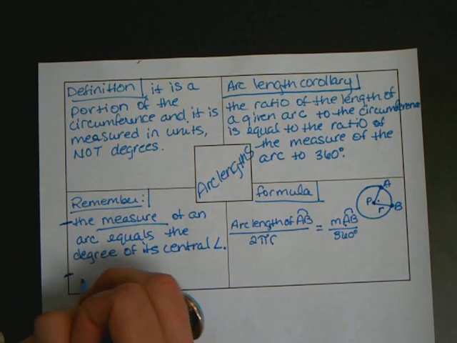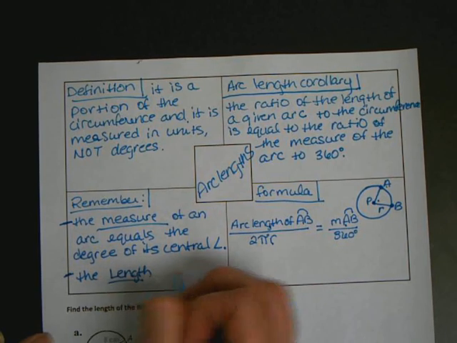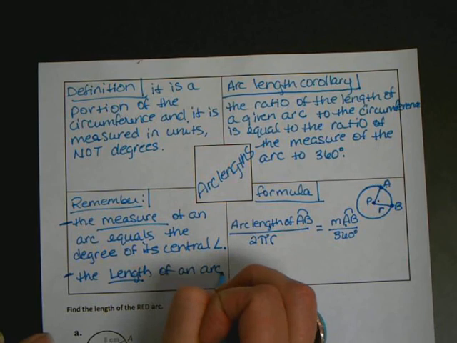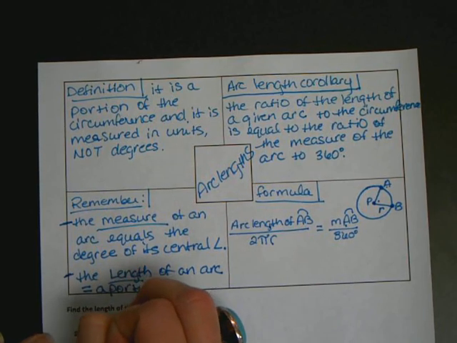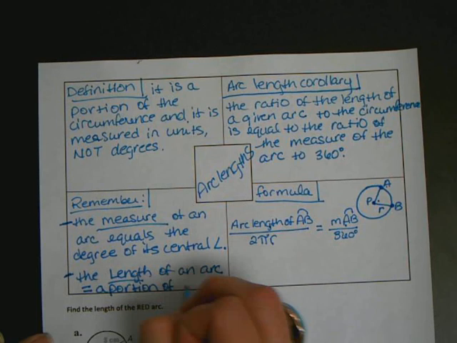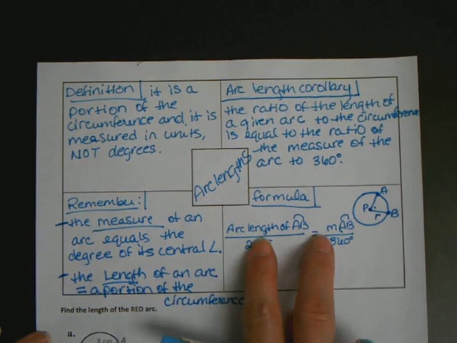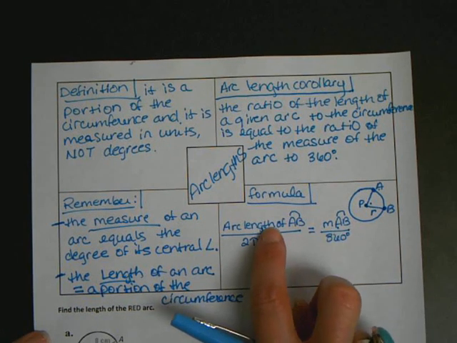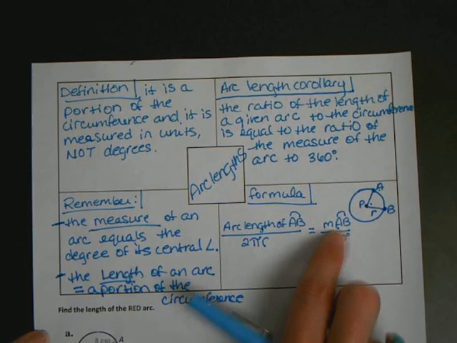The other note, the length of an arc equals a portion of the circumference. So they are different. These two numbers represented right here in the formula are different. This is the actual arc length. This is the measure of the arc, which is the degree of its central angle.